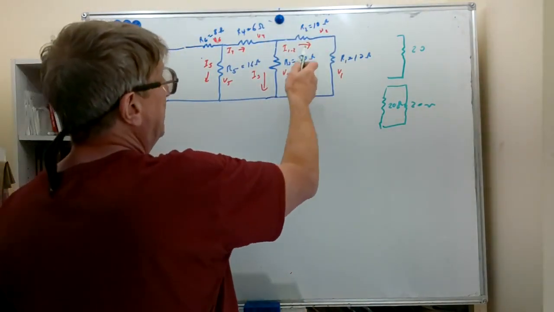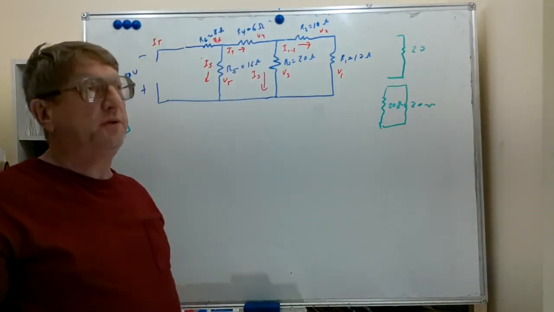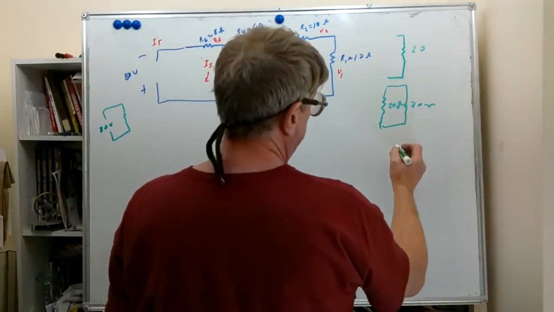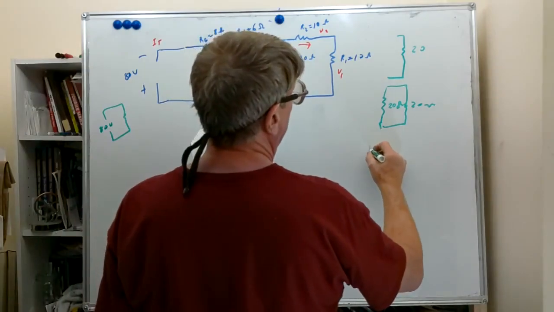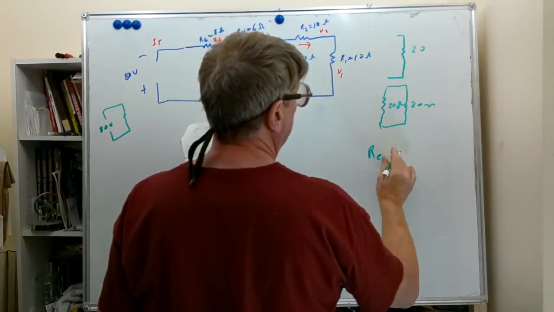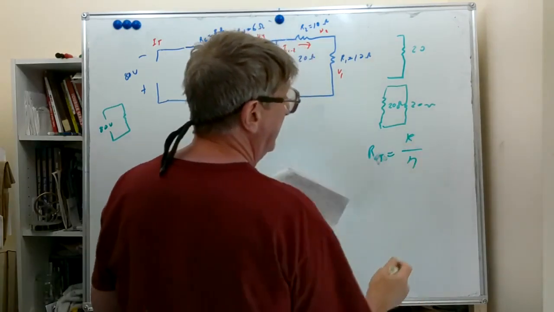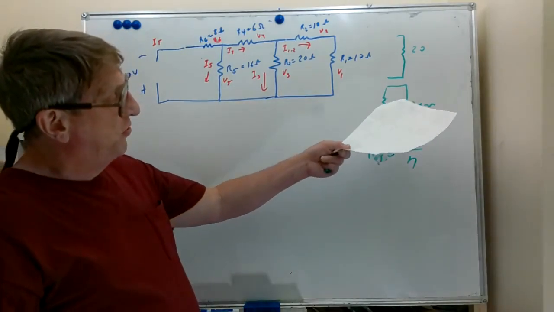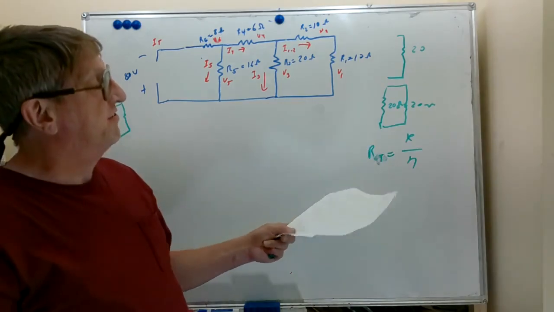we have 20 ohms here, 20 ohms here. Looks like that. Two parallel resistors of equal value is going to become, remember the formula? R equivalent, or let's call it R total. R total equals R over N. If they're both the same value, we can take the value divided by the number of them, and that gives our total.